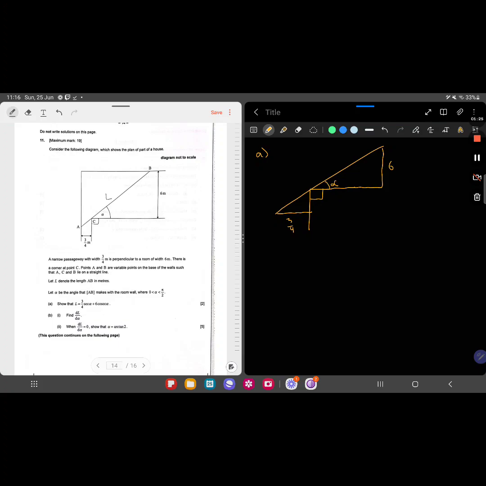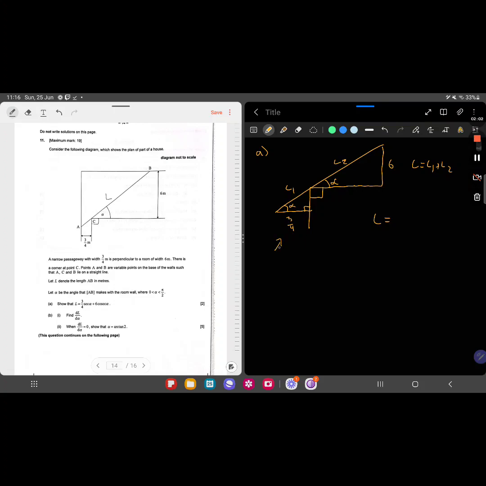Now, with the similar triangle rule, this is also alpha, I'm guessing, because if this is 90 degrees and that's alpha, this is going to be 90 minus alpha, which means that's alpha, because angles in a triangle sum to 180. Let me just make it look nice. What else do we have? Now let's place L1 and L2, so L equals L1 plus L2.